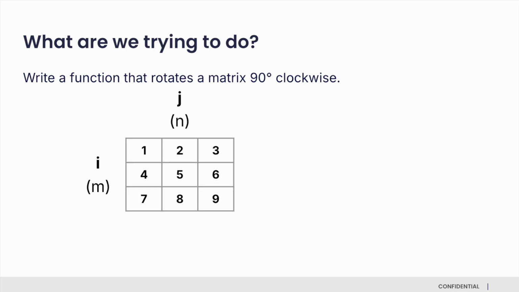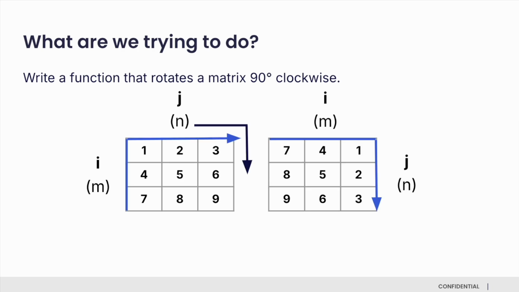Now let's apply this concept to a matrix of numbers. Here we have the same 3x3 matrix of numbers 1 through 9 that we referenced earlier. And our task is going to be rotating this matrix 90 degrees, just like we did the square. First, let's focus on the top row, 1, 2, 3. In the rotated matrix, this now becomes the last column. 1, 2, 3 are now vertically aligned on the right. Now let's move on to the second row, numbers 4, 5, and 6.